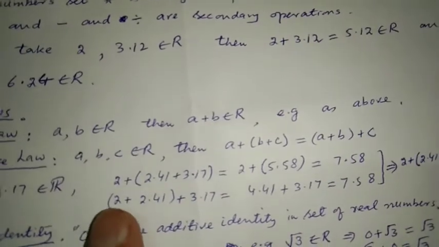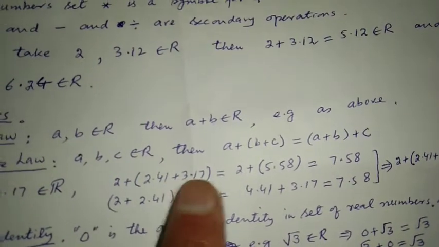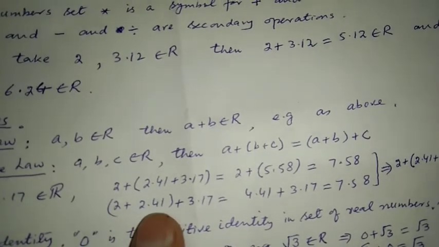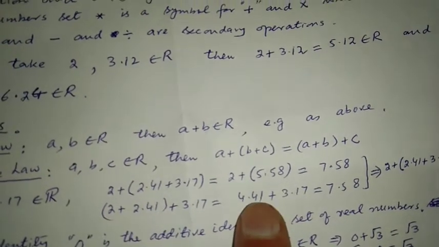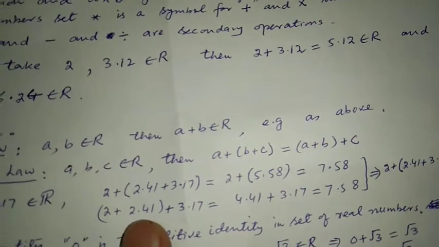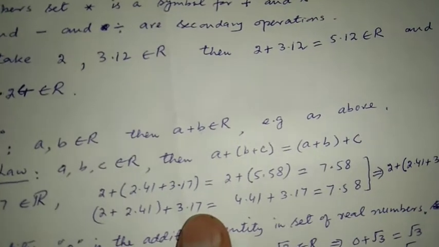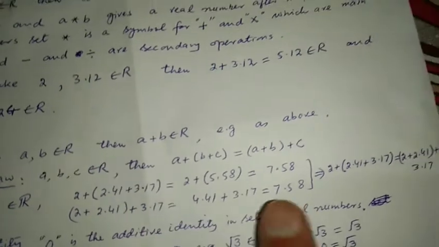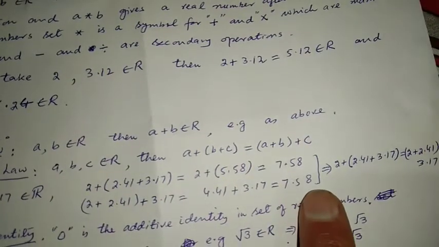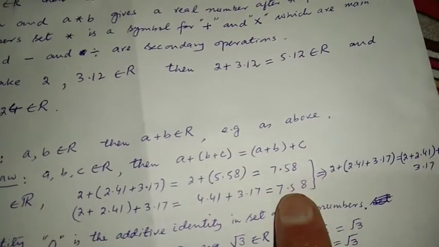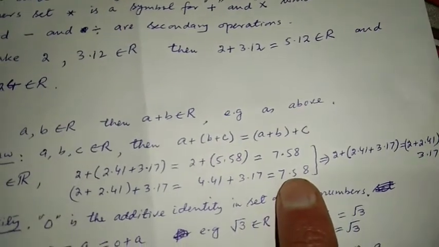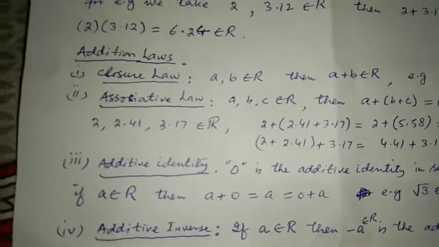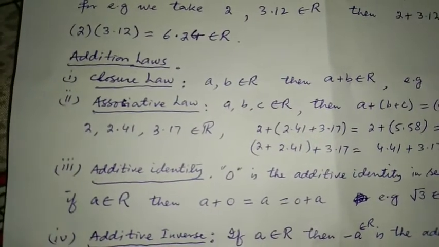In another way, first of all, instead of adding these two, we are adding the first two, and the answer is 4.41, and then this 4.41 is added to the third real number 3.17 and the answer is 7.58. So both the answers are the same. So this is known as associative law. So this is the second law.